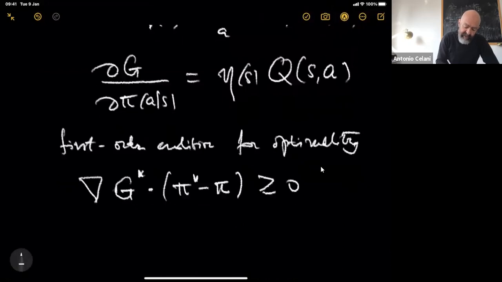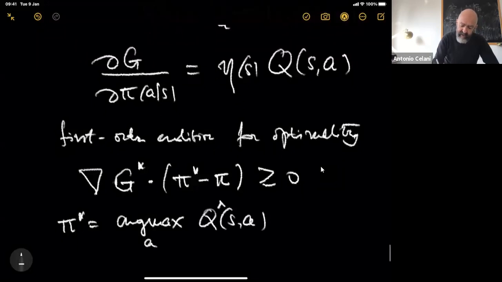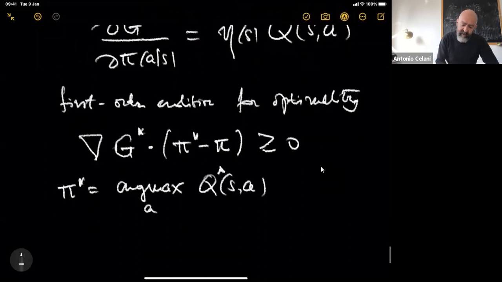Then the statement is that if you take pi star to be argmax over A of Q star(S,A). So if you pick your policy from Q star, taking the item with the largest value, then this object is satisfied.